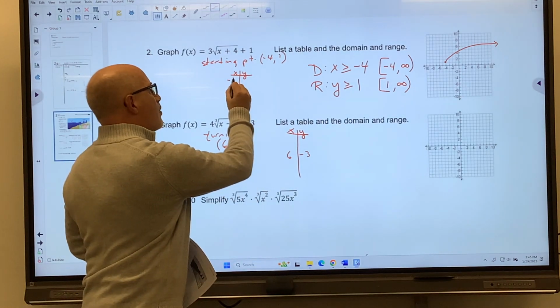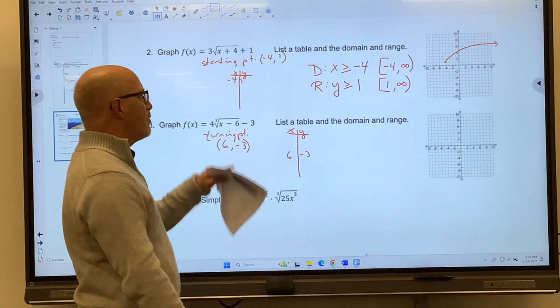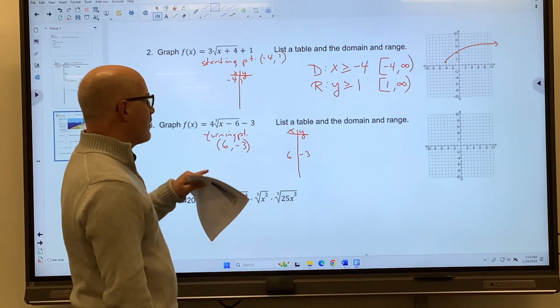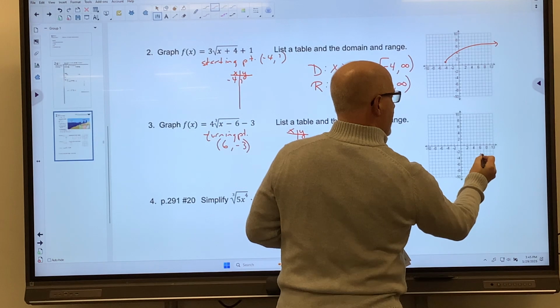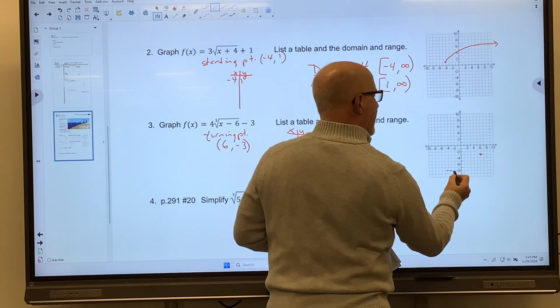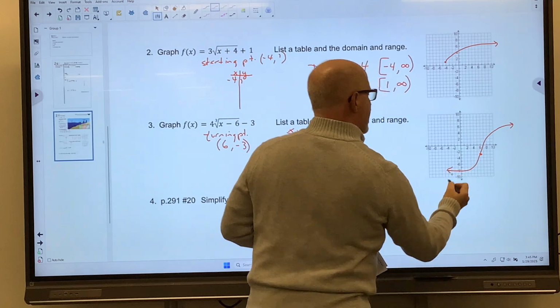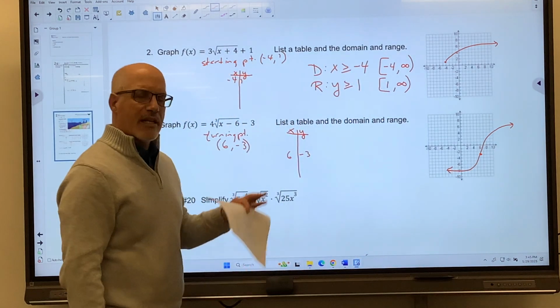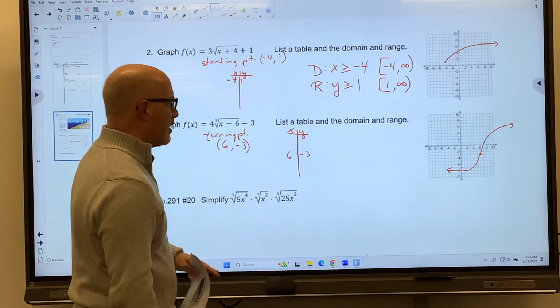Whereas the starting point, because that's where it starts and it only goes further than it, you put at the beginning of your table. Once you graph that 6, negative 3, it's going to be a graph that comes in like this and goes out like that. Again, you get specific x and y values from the graphing calculator.